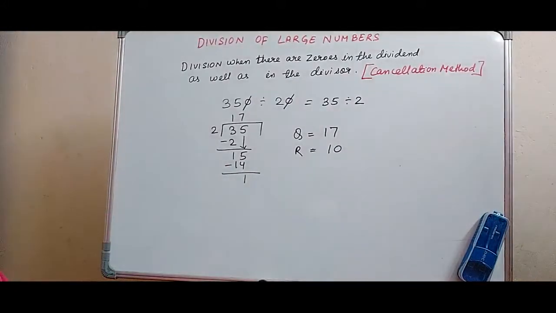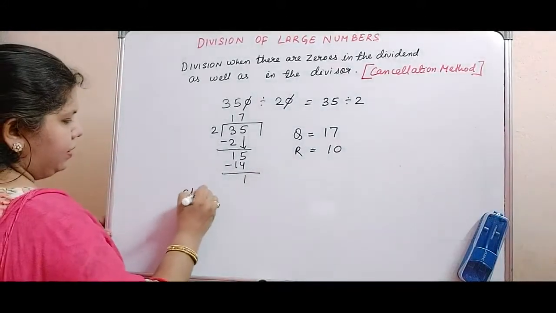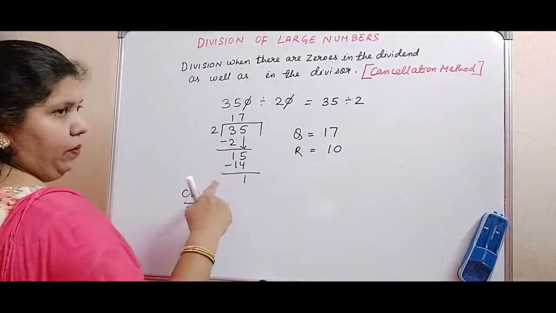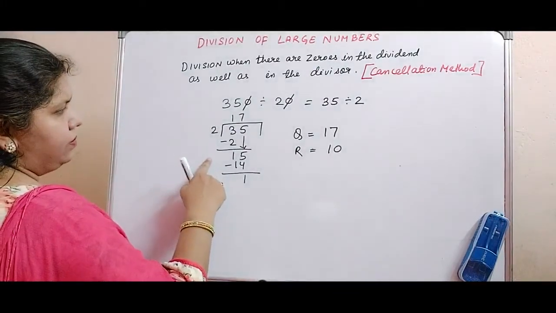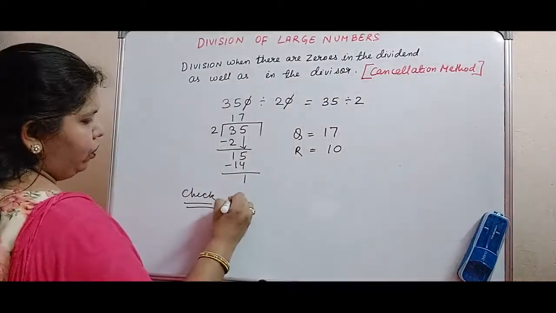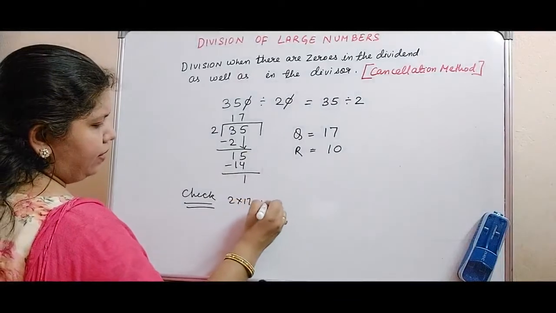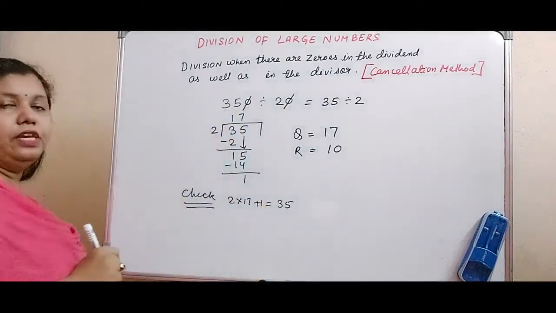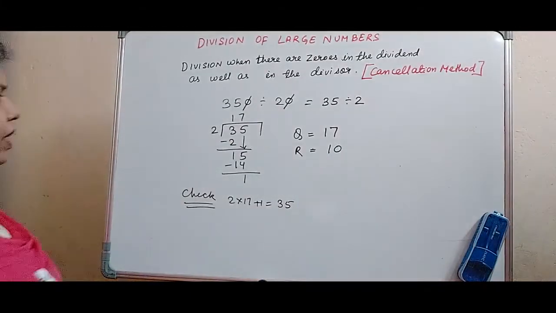So let us check our answer. Will I be able to get the correct answer in this or not? Here if I check, I get 2 into 17 plus 1, that is 35. But actually the dividend was 350, not 35. So what you have to do?